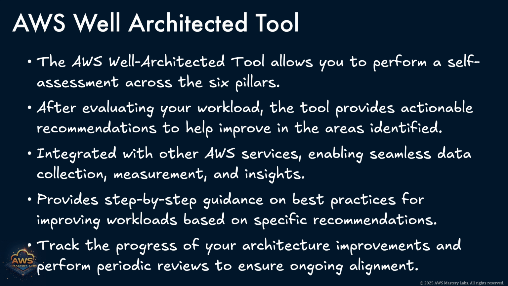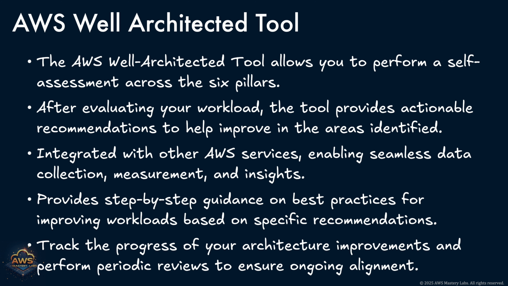It helps pinpoint inefficiencies, security gaps, and potential reliability issues. Once the review is completed, the tool provides actionable insights and recommendations. These recommendations are tailored to your specific workload and include clear steps you can take to enhance security, improve performance, reduce costs, and align your architecture with AWS's sustainability principles.